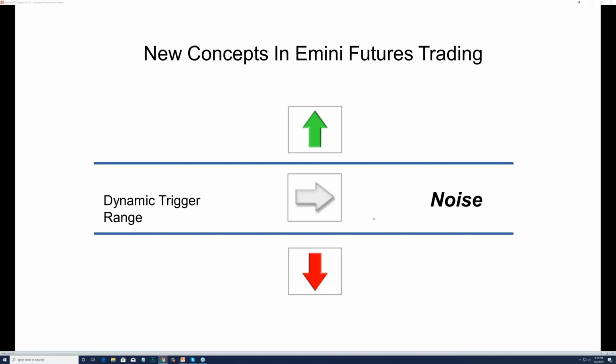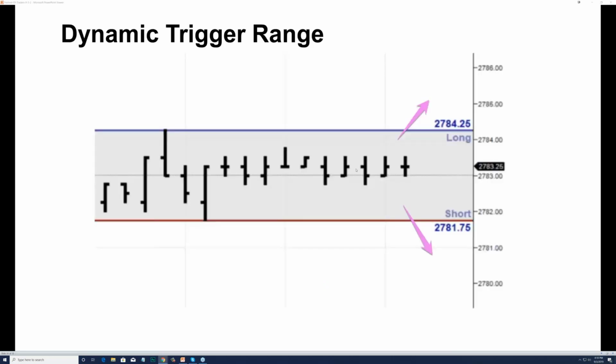Really fine-tuned trading signals, and this is much more advanced than your typical Bollinger Bands or Keltner ranges or anything like that. On our charts, you can basically just plot the high of the dynamic trigger range and the low of the dynamic trigger range, and you have visual reference points on what the price is trying to do. So when you see price break out of the dynamic trigger range, you can attempt to play that move.